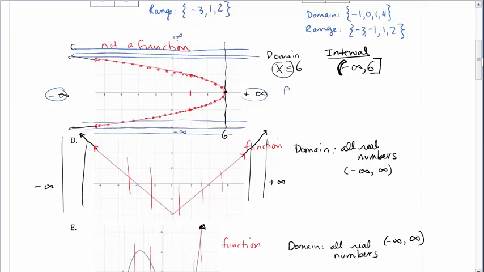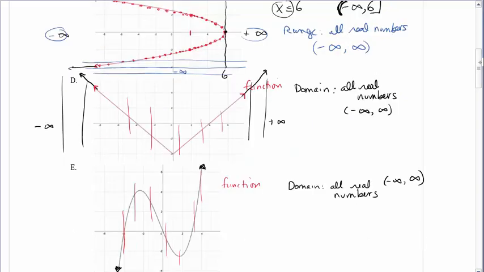So the range in this one is all real numbers. And if I were to use interval notation, the floor is negative infinity, the ceiling is infinity. Because I never really get to either of those, I use the round parentheses.